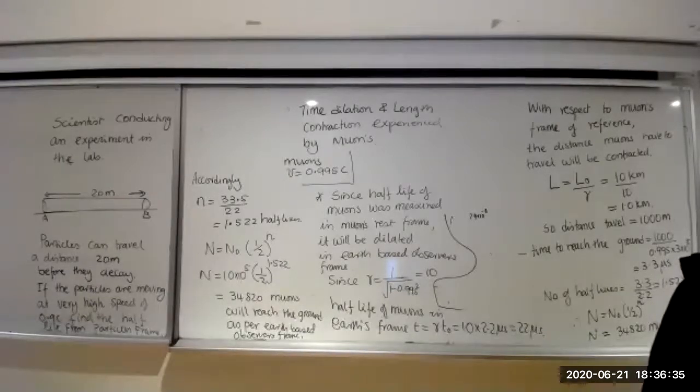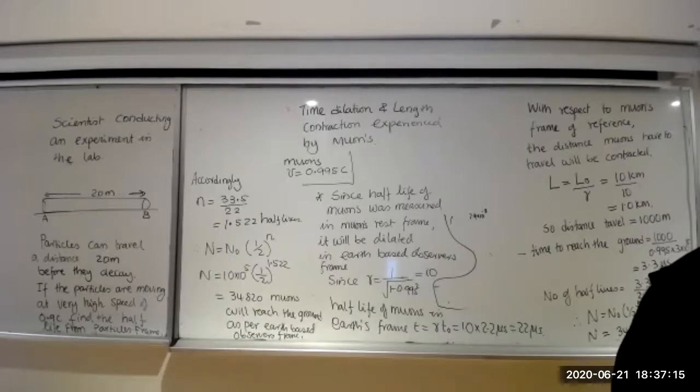That will be the dilated time. Is it 3.2 times 10 to the negative 8 seconds? That's correct. So you find the dilated time first, using speed equals distance over time, and then you divide that by gamma.